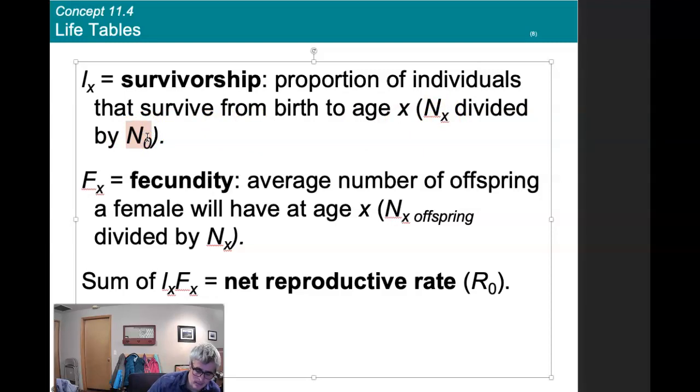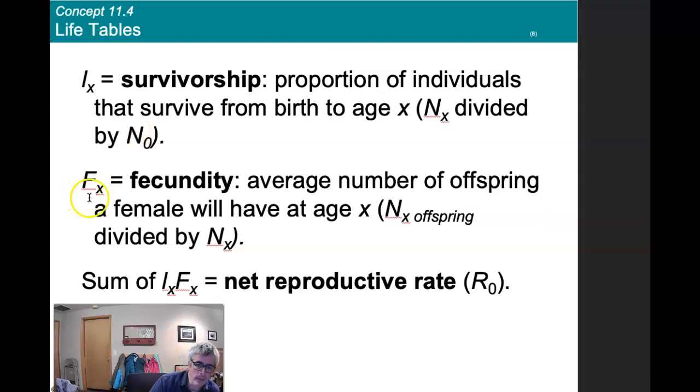Not the survivorship from year 3 to 4, but the survivorship from year 0 to year 4. Fecundity is the average number of offspring a female will have at stage x. So at a given year, how many eggs do they produce? As in barnacles, we saw fecundity increases with age, but then kind of plateaus off. The sum of l and F is the net reproductive rate.